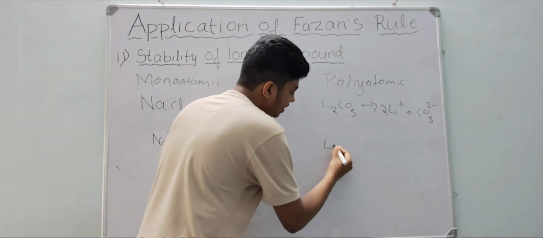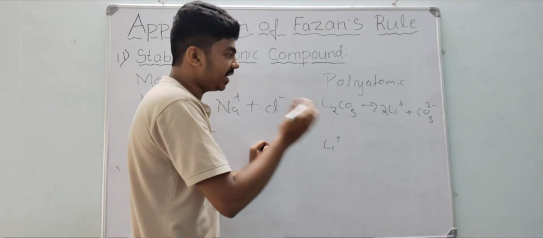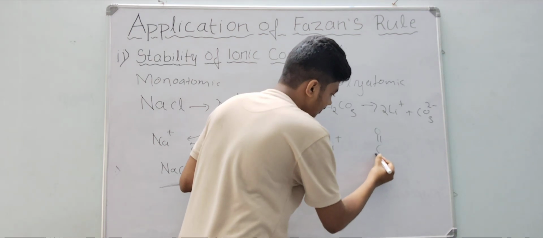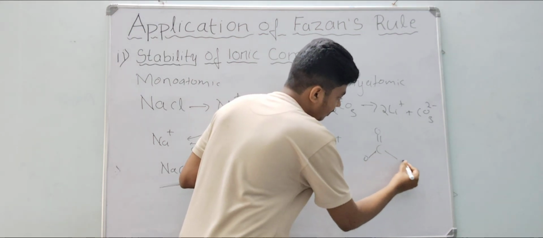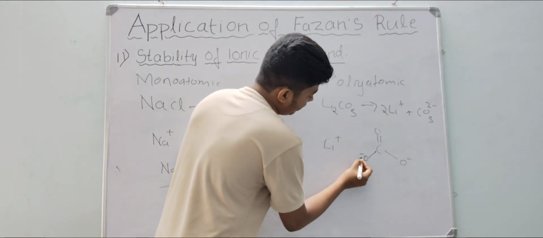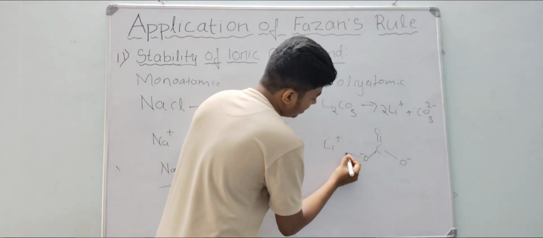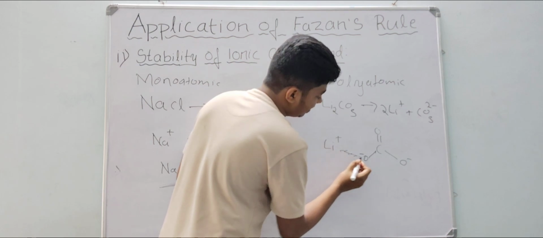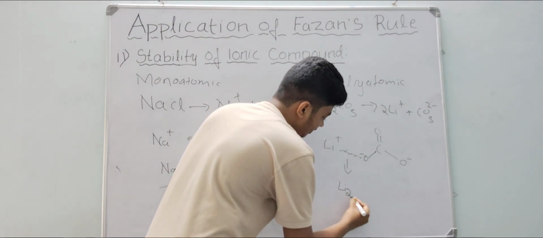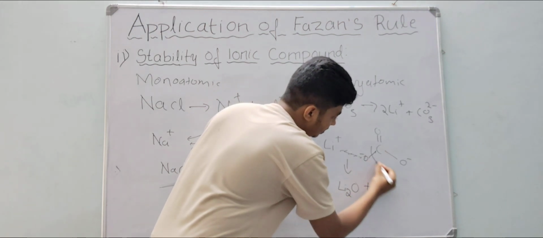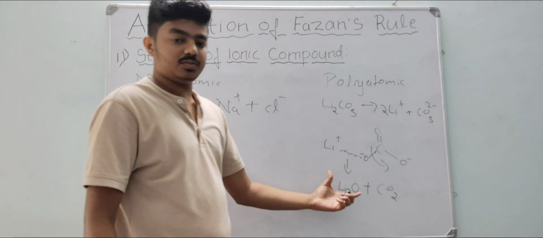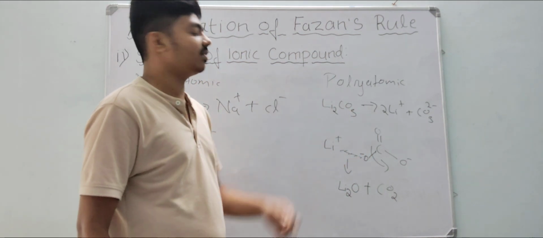Here lithium positive will polarize the anion, that is, the oxygen. The cation polarizes this negative charge towards itself and it will form lithium oxide plus carbon dioxide. So here we can observe that the decomposition of lithium carbonate takes place.